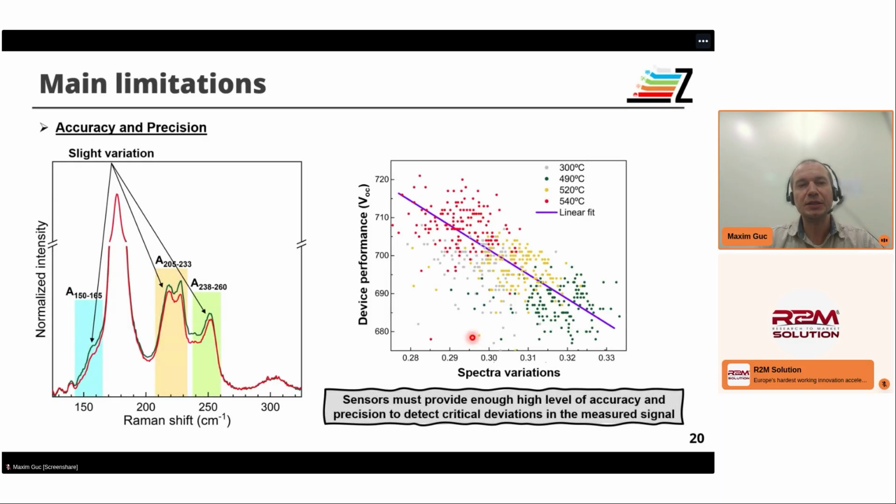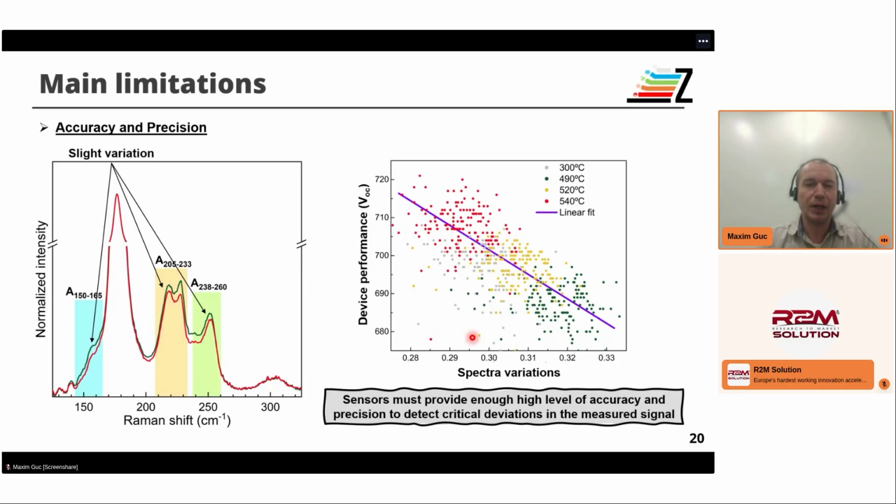One of them is accuracy and precision. Let's imagine that we have some process, and in order to control its quality, we are measuring the Raman spectra at this specific step of the material that is produced.